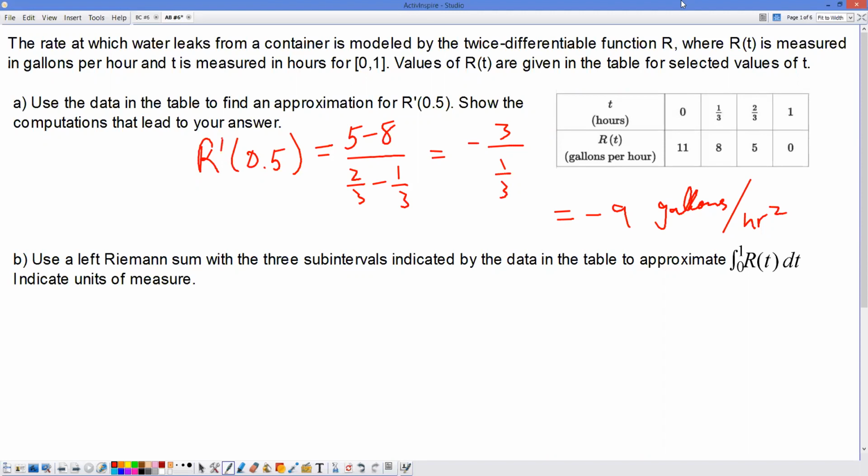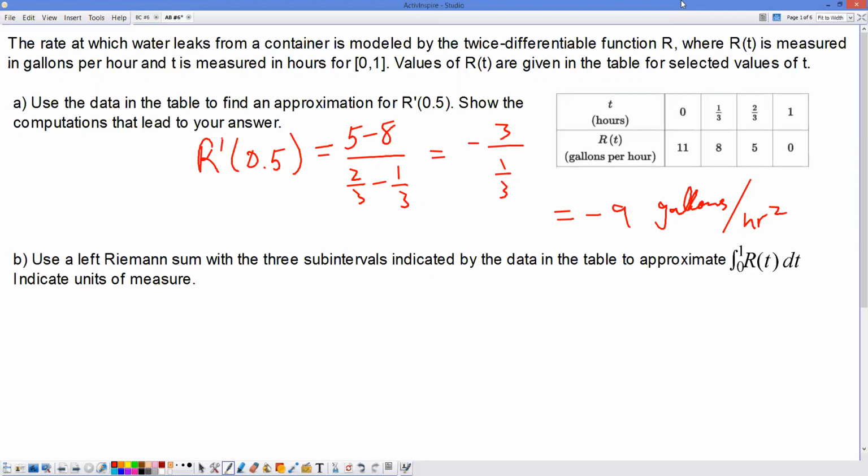We are approximating the derivative using the average rate of change because we don't have an actual function to use. So if I was using the mean value theorem, then yes, I would have to verify the conditions, but that's not what we're doing here. We're approximating the instantaneous rate of change using the average rate of change, or the slope on the interval. Any other questions there?